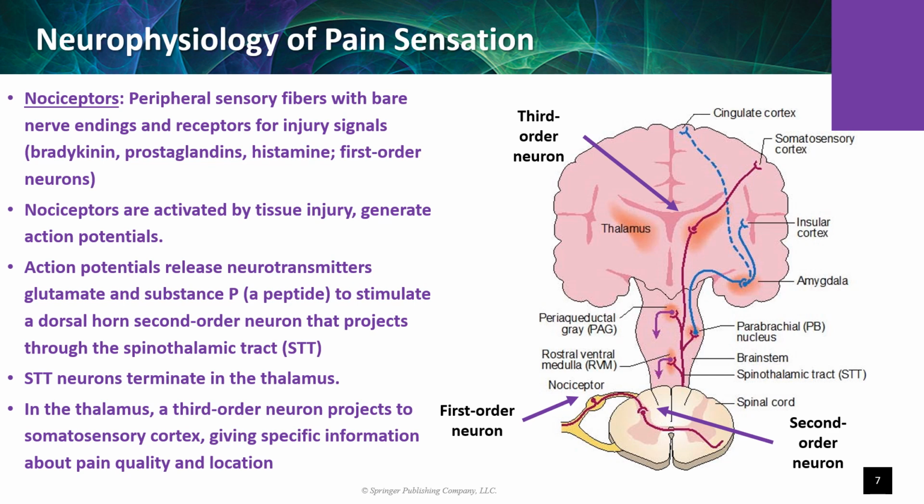Nociceptors transduce a variety of stimuli into receptor potentials, which then trigger action potentials. Nociceptor axons are further broken down into various groups of myelinated axons and unmyelinated axons.